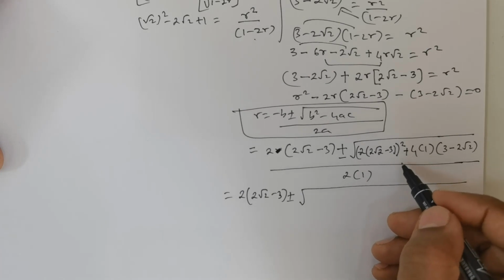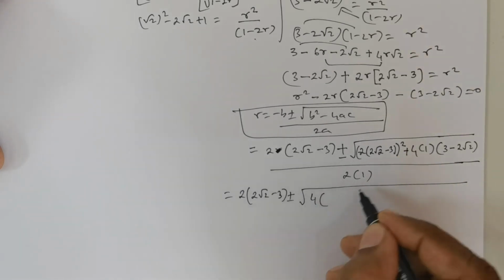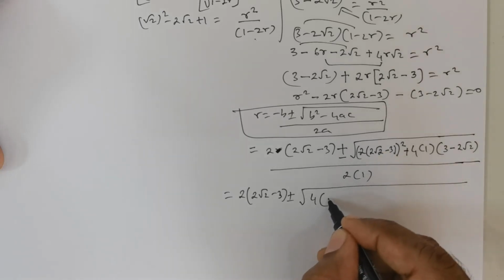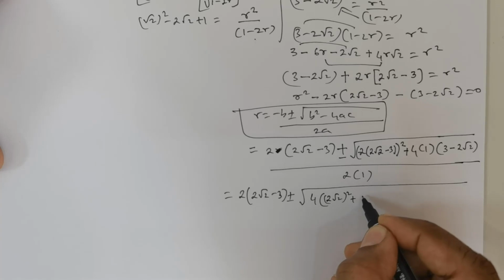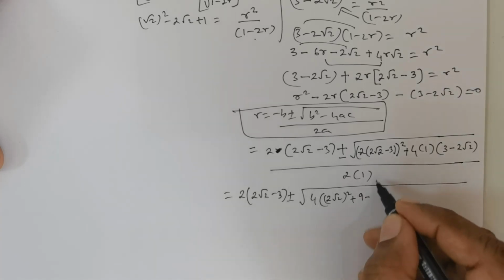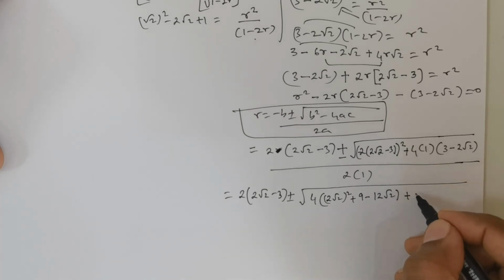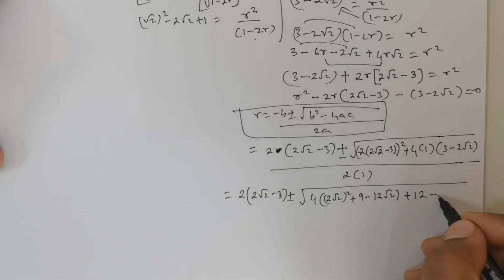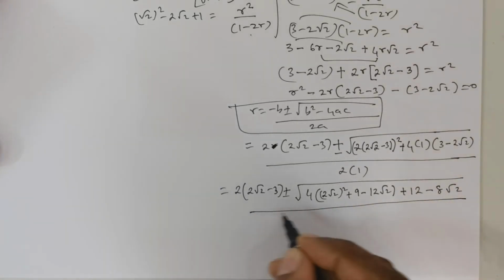We have to simplify this. You take the square here, this is going to be 4, and the square of this is 2 times root 2 squared plus 3 squared, 9, minus 2 times 2 times 4, 4 times 3, 12 times root 2.